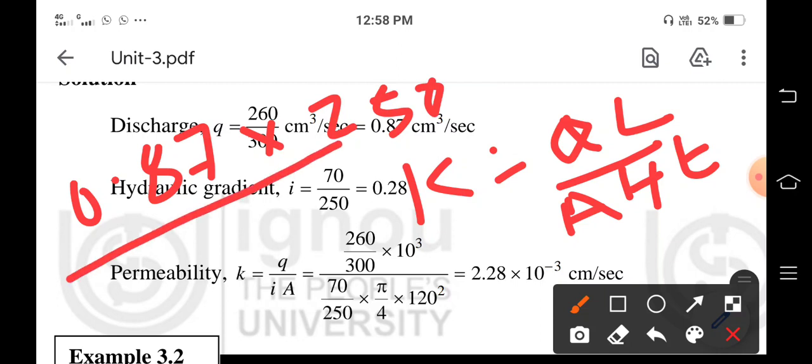Then the area is pi by 4 into 120 square. Then the hydraulic gradient is 0.28, and the time is 300 seconds. So put all these values, we get the answer.